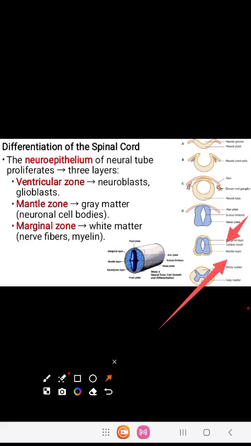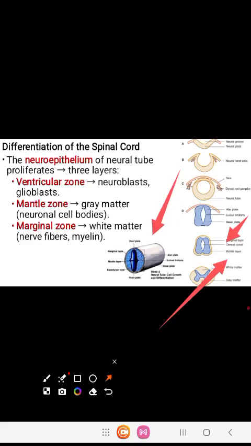All right, so the mantle zone will become the gray matter, which is the neuronal cell body. The marginal zone is the white matter, which consists of the nerve fibers. All right, so let me just use this diagram to explain this better.